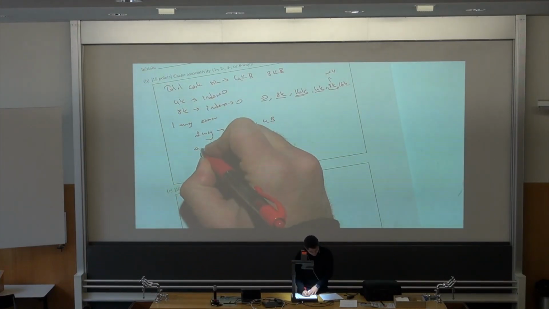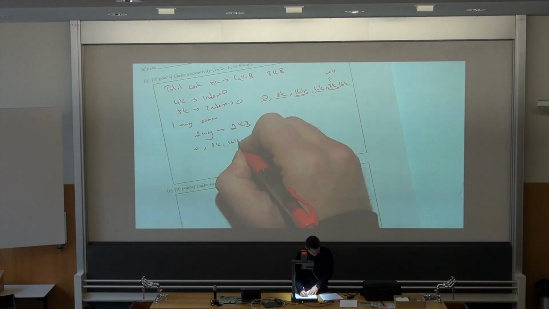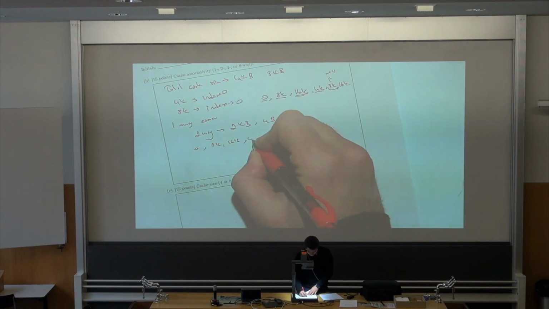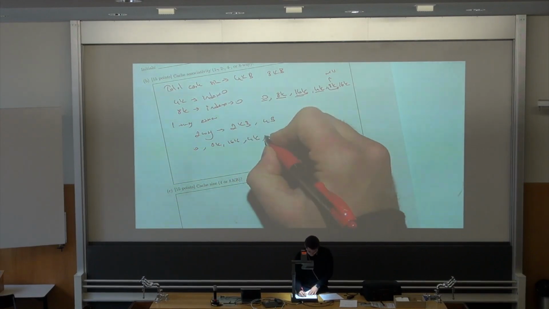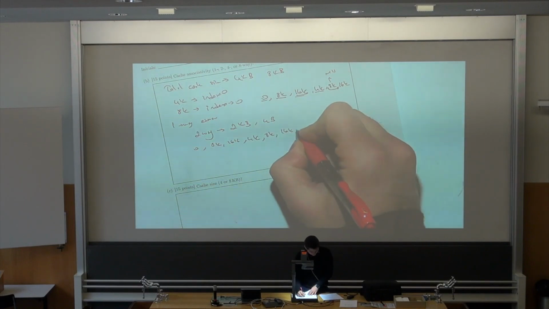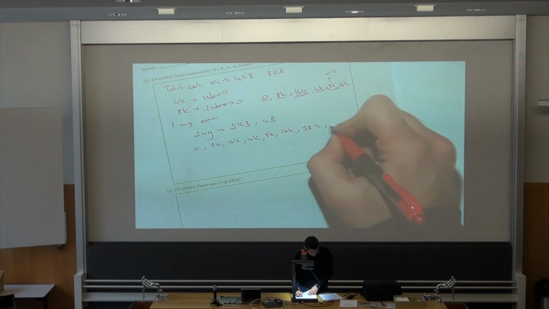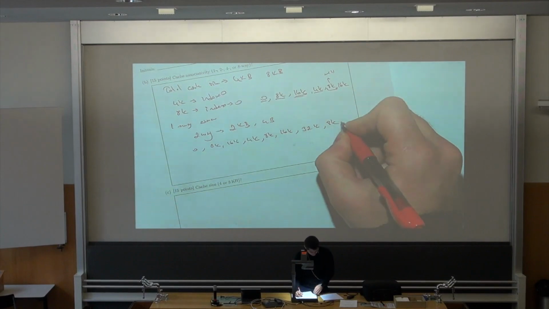So the multiples are basically the same: 0, 8K, 16K, 4K, 8K, 16K, 32K, and 8K, I guess. Yeah.